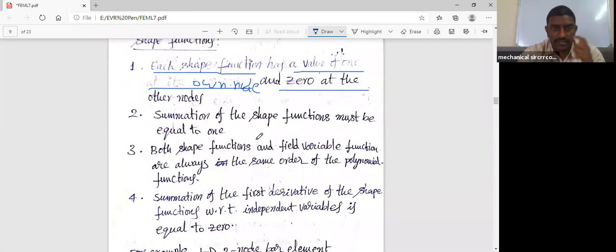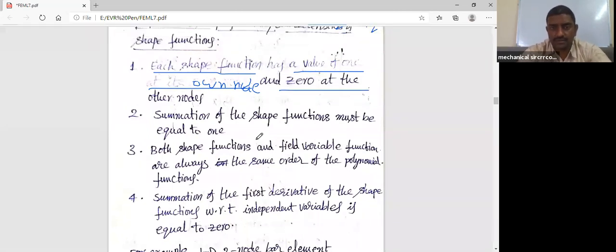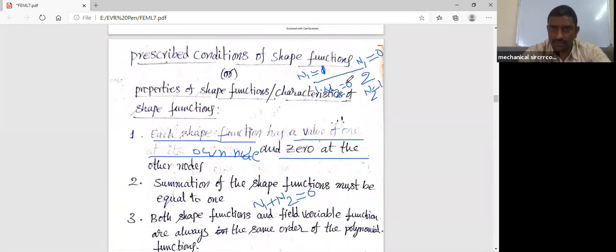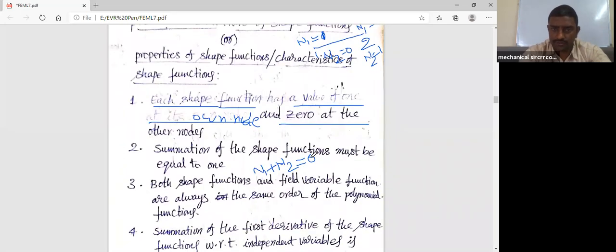The second property is that the summation of the shape functions must be equal to 1. In the case of a two node bar element, N1 plus N2 is equal to 1.